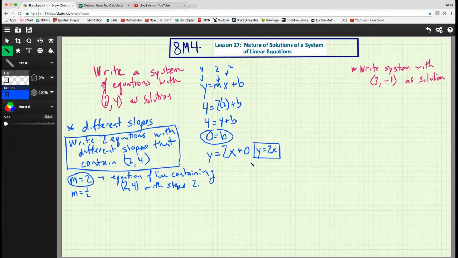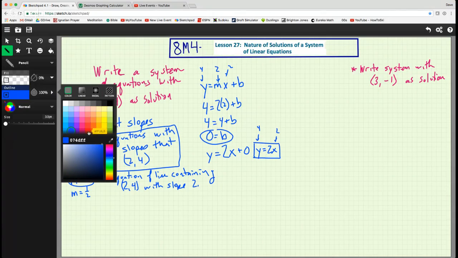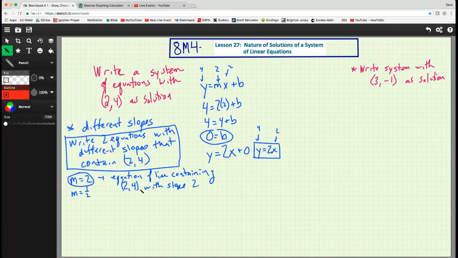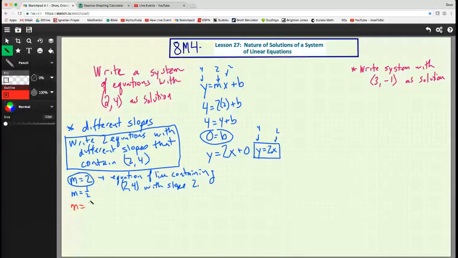All right? So this is an equation of a line containing 2, 4, because if I put a 2 in for x and a 4 in for y, it works, and it has a slope of 2. So I know that this is a solution. Now I have to find another equation, and we'll do this one in red, with a slope of 1/2.